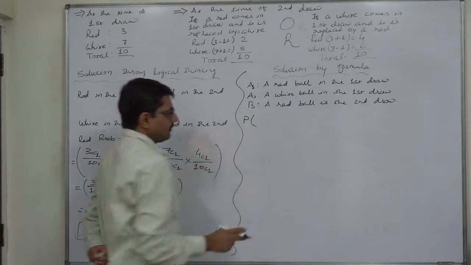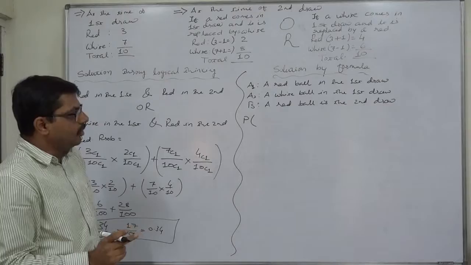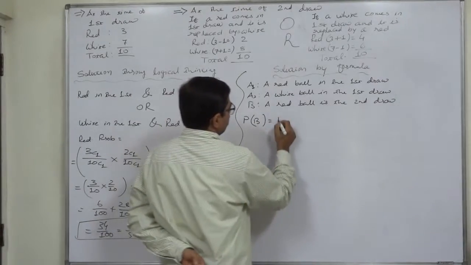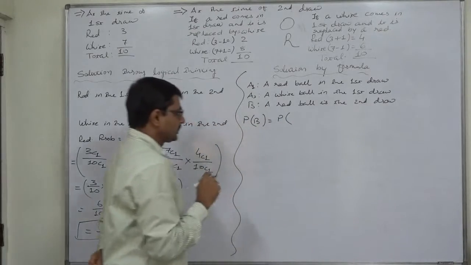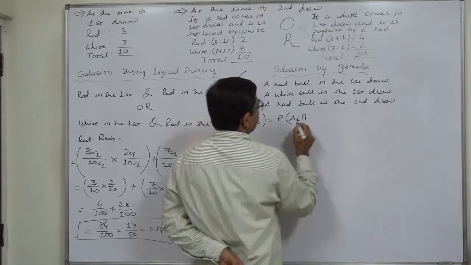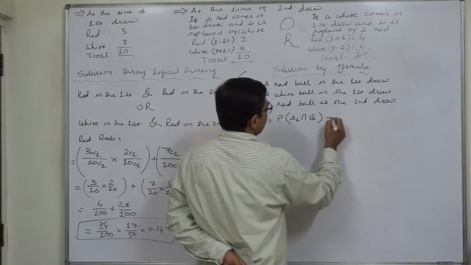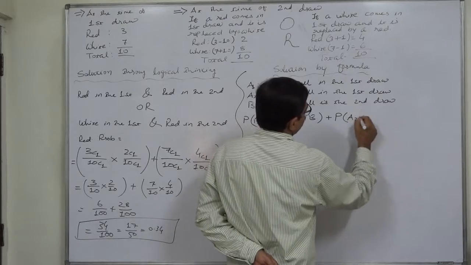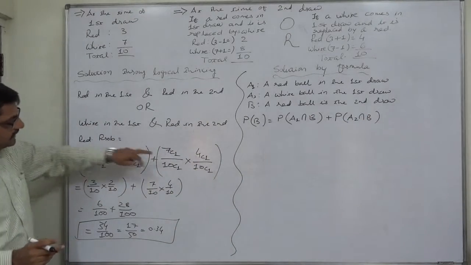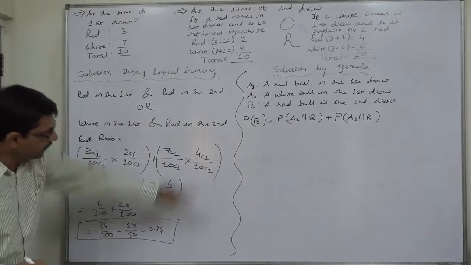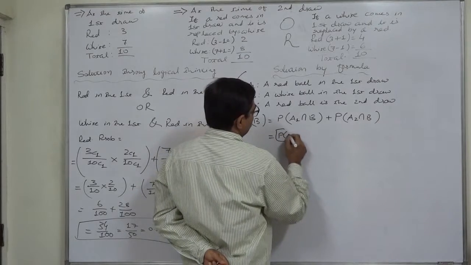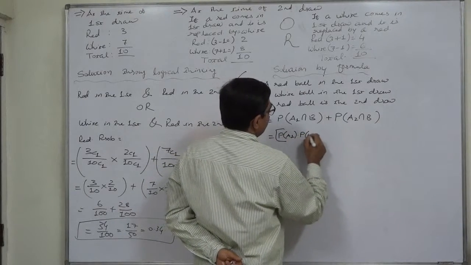P of B, the probability that a red ball is drawn in the second draw can be calculated in two mutually exclusive ways. A red ball in the first draw and a red ball in the second, or a white ball in the first draw and a red in the second. Just compare this with the first type of calculation. This is possible through this formula only.